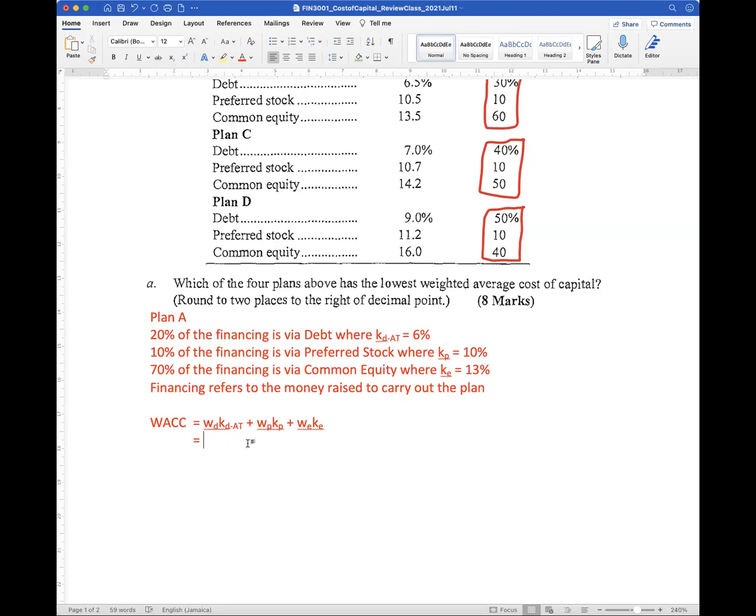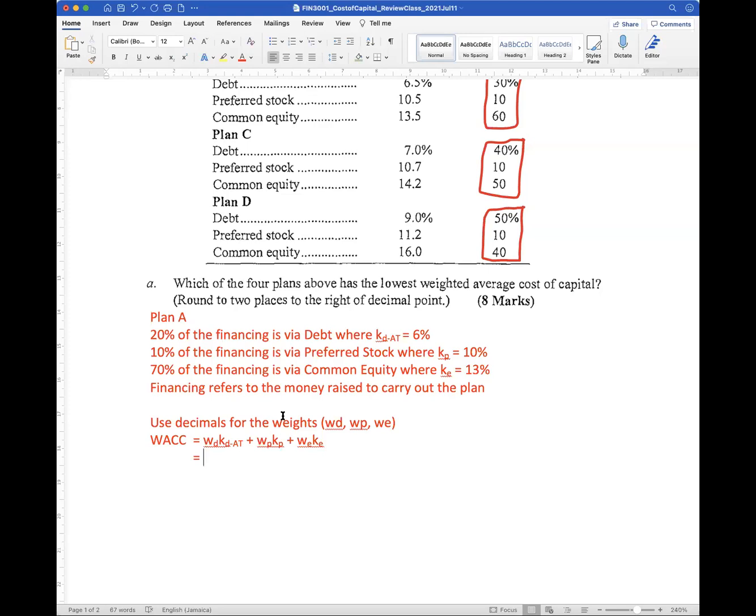Now, in your formulas, important, use decimals for the weights. Some people use decimals for everything, but you don't have to. But definitely use decimals for the weights.